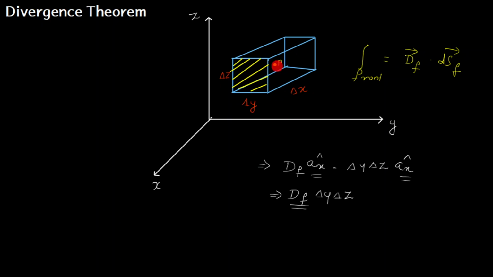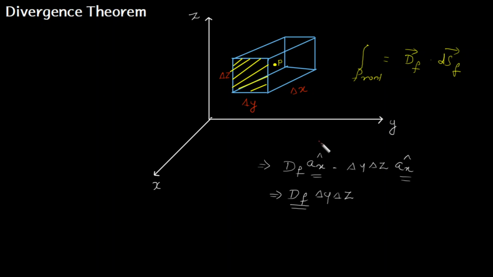As I told you, this point P is going to be at the center of this cuboid, and at the point P, what is the component of Df? We assume that at P, the D vector is Dx0 ax cap plus Dy0 ay cap plus Dz0 az cap. Is it not? We have assumed that. We have written that. That means in the x cap direction, what is D at P?